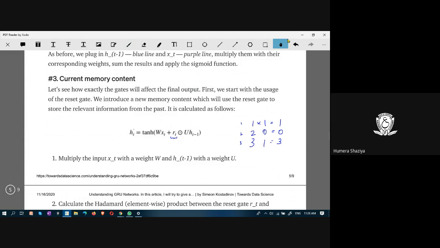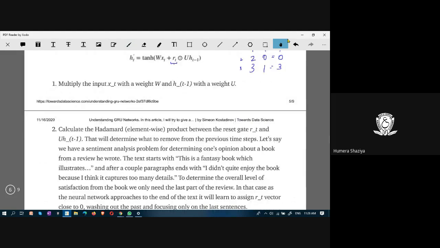HT is the current unit's state or the contents. So how is it calculated? It is calculated as multiply the input xt with the weight w and h sub t minus 1 with the weight u.